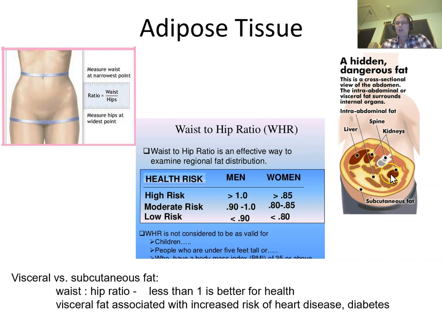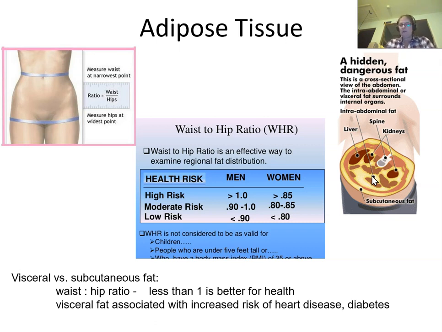And so you might not even look like you're fat and have a lot of visceral fat. So we know that subcutaneous fat, it's not pleasant, but it's not as unhealthy for us as visceral fat. Because visceral fat, again, it's underneath your abdominal muscles. It causes a lot of health issues. We're finding that it increases inflammation, increases your risk of heart disease and diabetes.